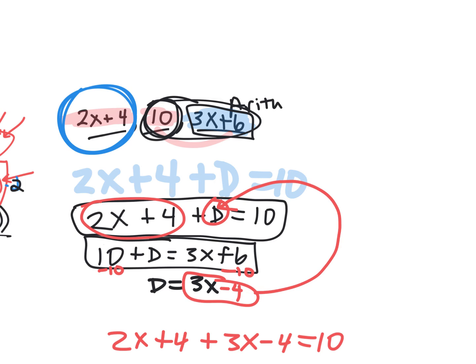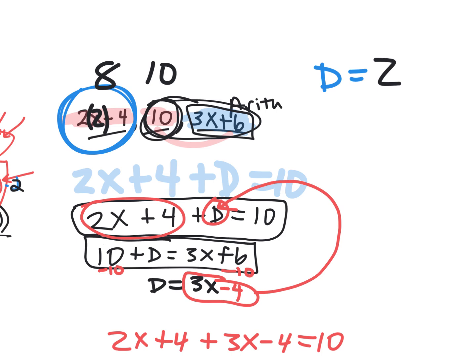If x equals 2, would you please figure out d equals what? And it won't take you too long to go, well, if this is 2, and you have to add something to it, it'd be 4 plus 4 is 8. 8 turns into a 10, it must be add 2. So d equals 2 and x equals 2. Cool.